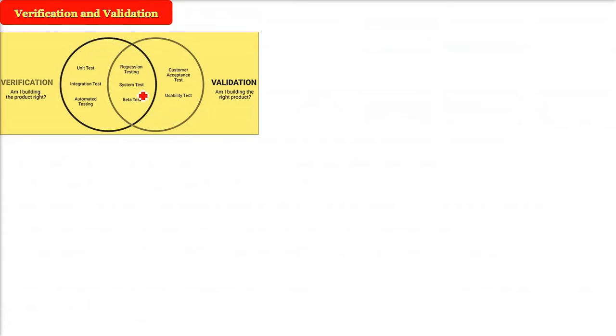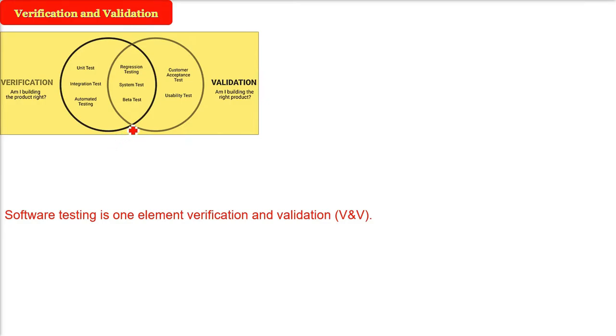Verification and validation. In software testing, these two are very important. First of all, software testing is one element of verification and validation. And verification and validation is one element of software quality assurance.